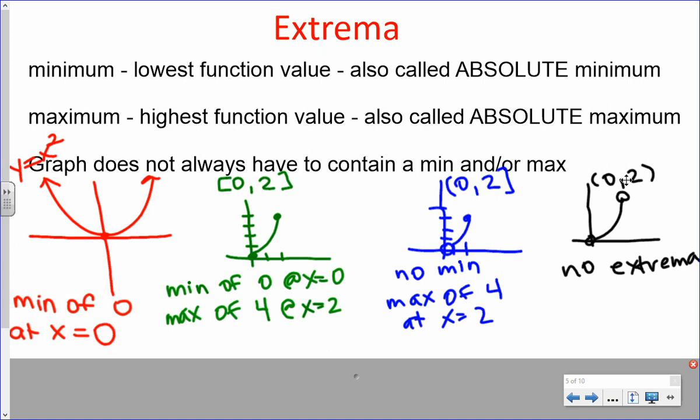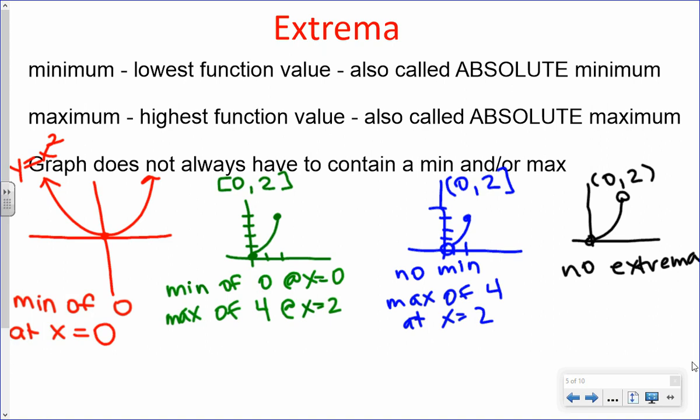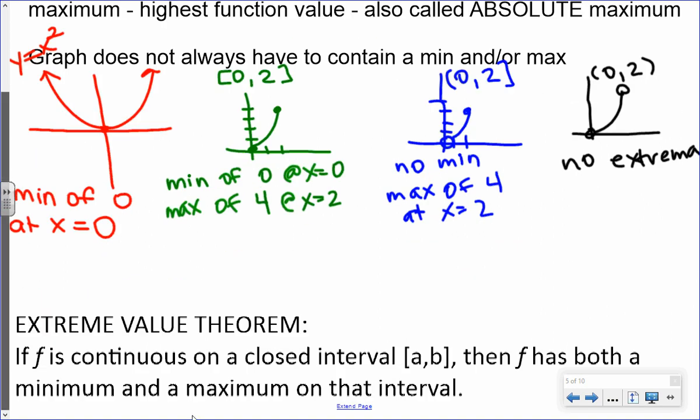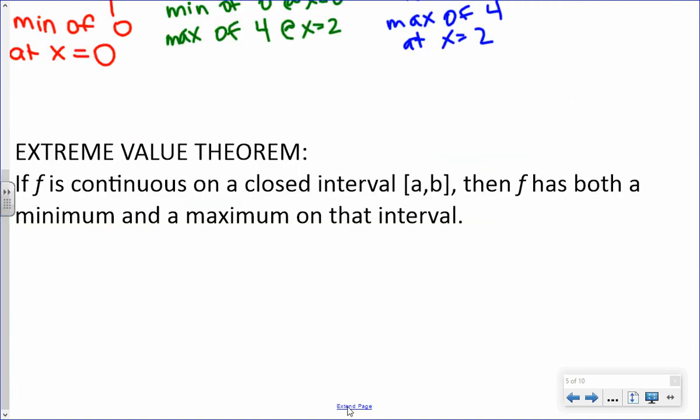But in that picture right there, we're not going to have a minimum. Okay. Now, one thing we can say for sure, though: if we have a closed interval and we have a continuous function, so no breaks, then we will for sure have a minimum and a maximum.